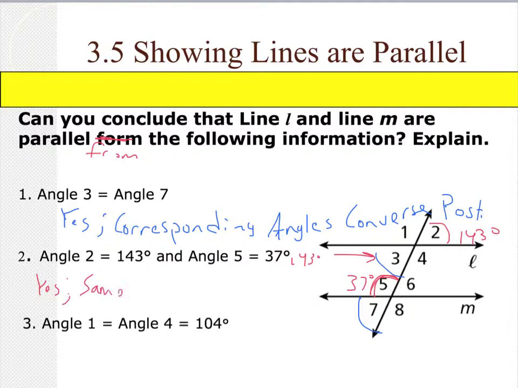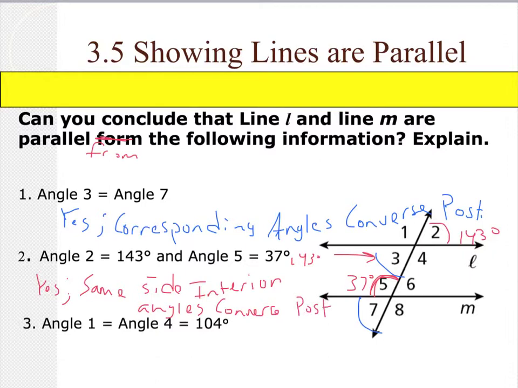And if those are same side interior angles, they must be supplementary in order for L and M to be parallel. So because 143 plus 37 is equal to 180 degrees, we can safely say the same side interior angles converse postulate.